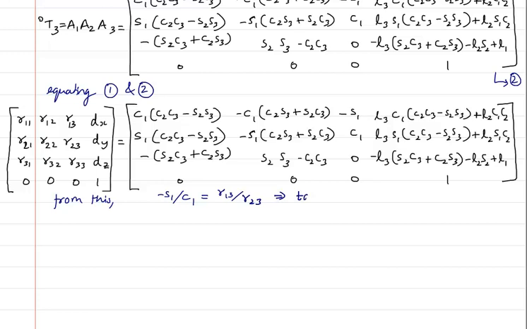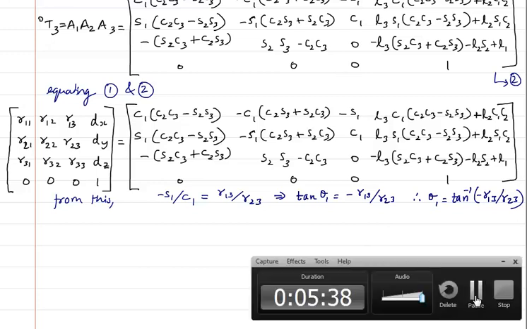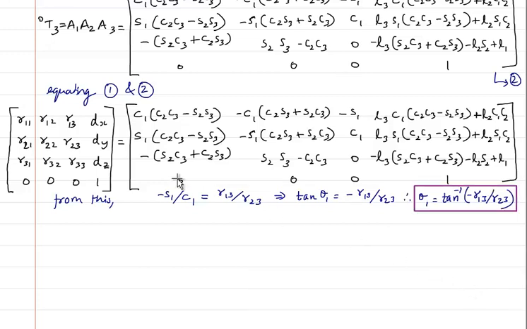So I will get tan of theta 1 equal to minus R13 by R23. Therefore, theta 1 is equal to tan inverse of minus R13 by R23. So with that I will be able to get theta 1. There I have put it in a box.